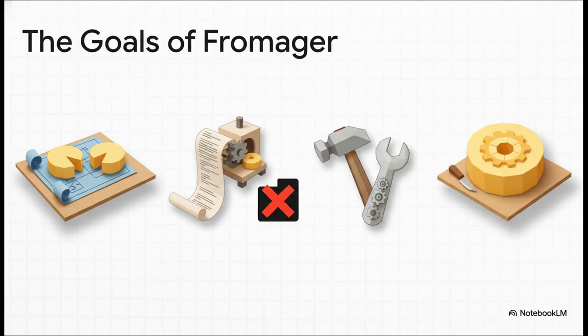Second, all from source. By building everything from the ground up, you completely eliminate the risk of nasty surprises hiding in pre-built binaries. Third is a transparent toolchain. Get this, Fromager even builds its own tools from source, so you have transparency all the way down. And finally, you get total customization. This gives you the incredible power to apply critical security patches or tweak compiler options for better performance.